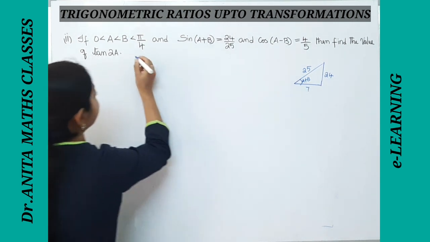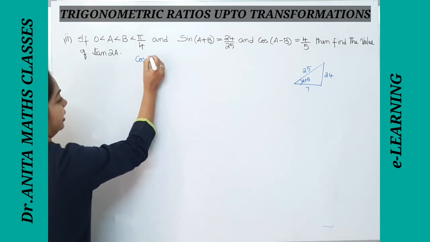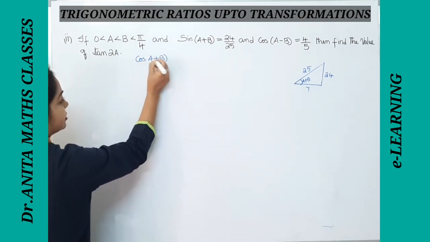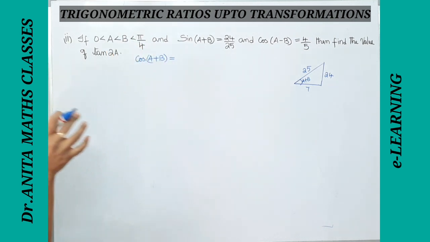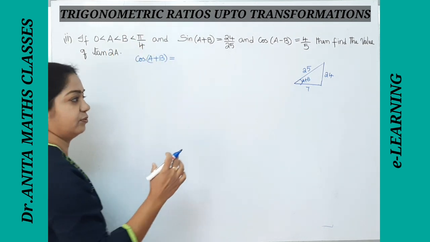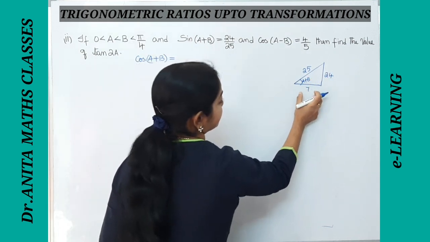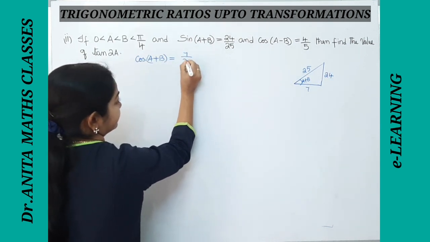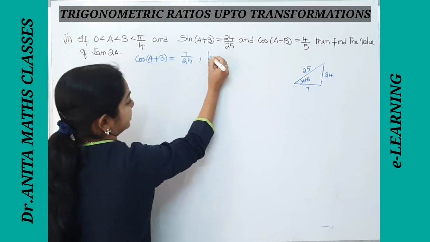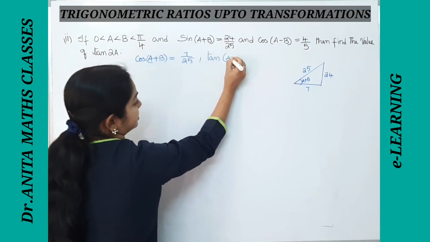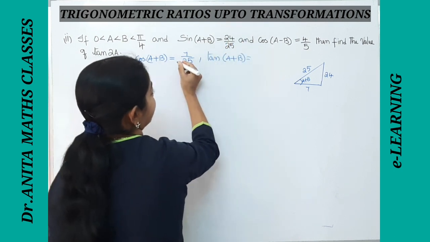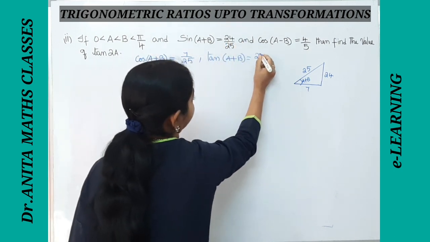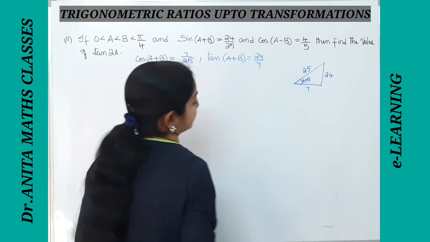From there, I can write cos of A plus B is 7 by 25, because A and B values lie between 0 and pi by 4 only. And also I can write tan of A plus B is sine upon cos. So this by this, 25 cut off, 24 by 7 here.